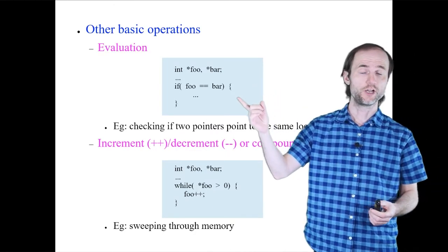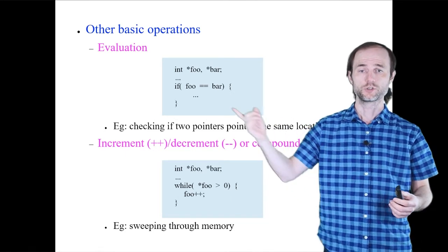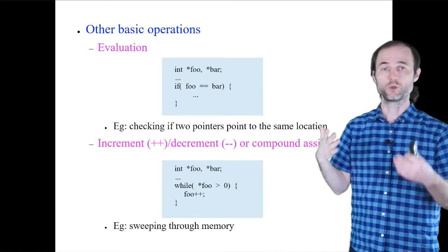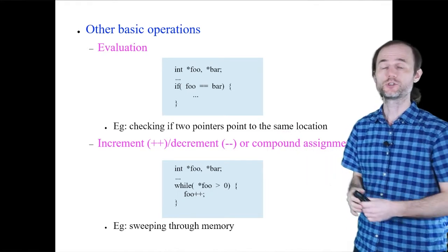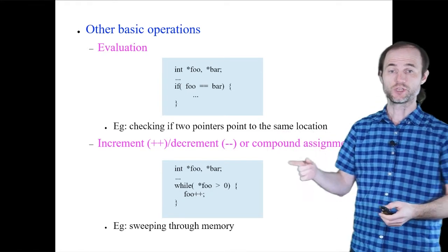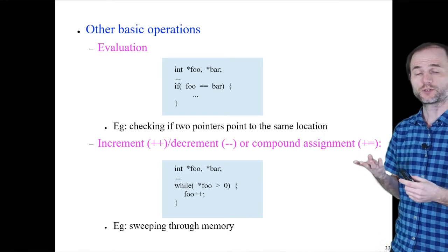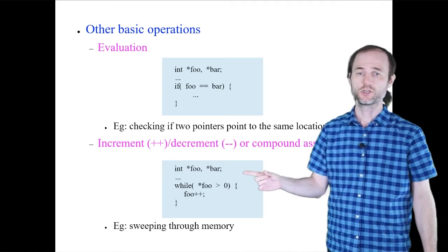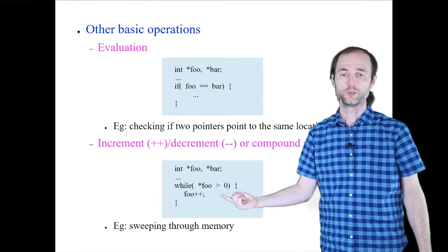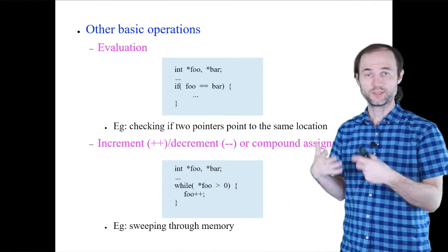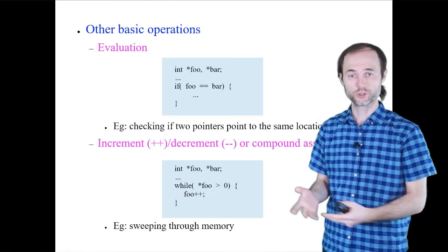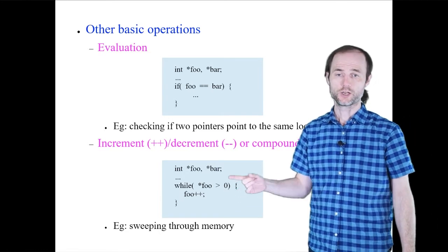You can evaluate their values and compare them to each other. So if foo is equal to bar, it means that both pointers are pointing to the same memory location. You can increment and decrement, or do compound assignments on the pointers. For instance here, you can loop while the value at the location pointed to by the foo pointer is not 0, actually positive.